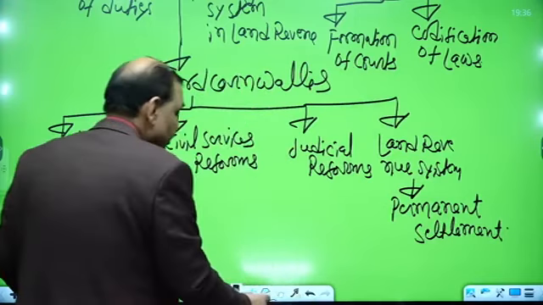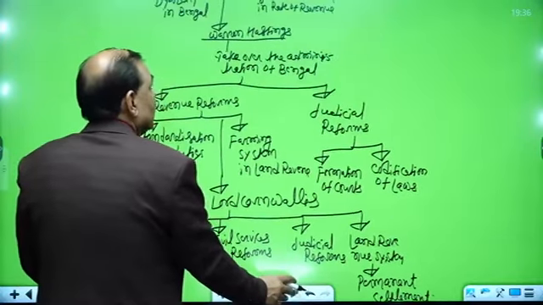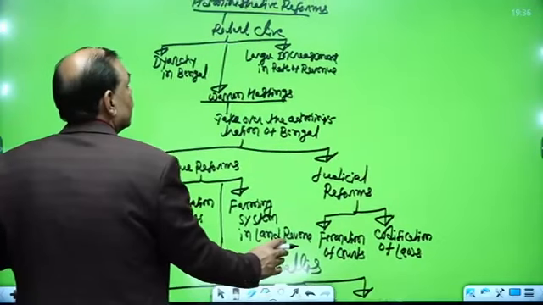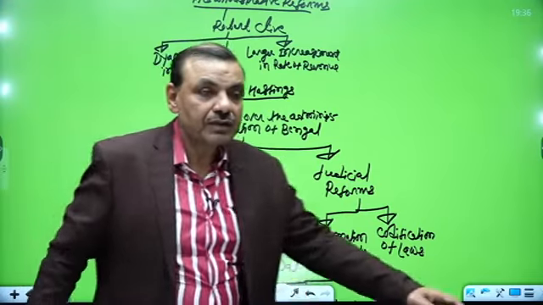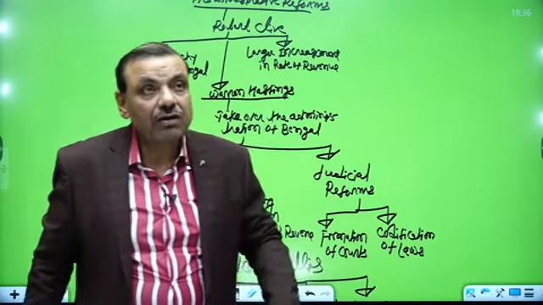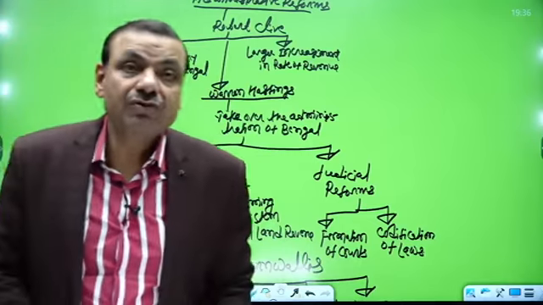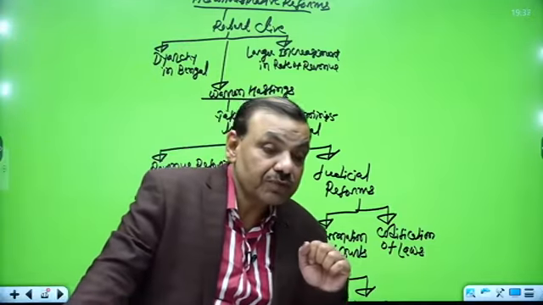My students, here I am making it clear. Just come to this point. Firstly, Robert Clive. Actually, after the Treaty of Allahabad, he was given the status of governor of Bengal.